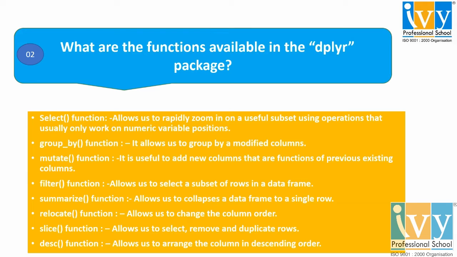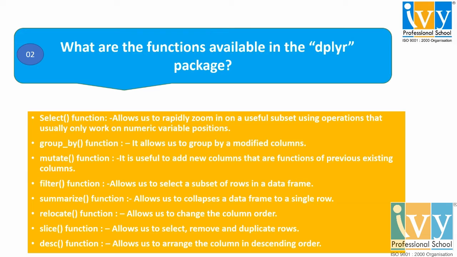Fourthly, the filter function that allows us to select a subset of rows in a data frame. Fifth, the summarize function that allows us to collapse a data frame to a single row. Sixthly, the relocate function that allows us to change the data column order.